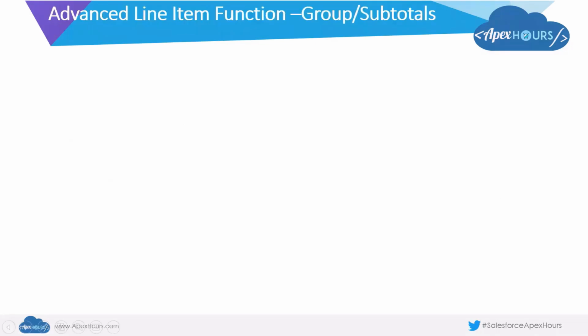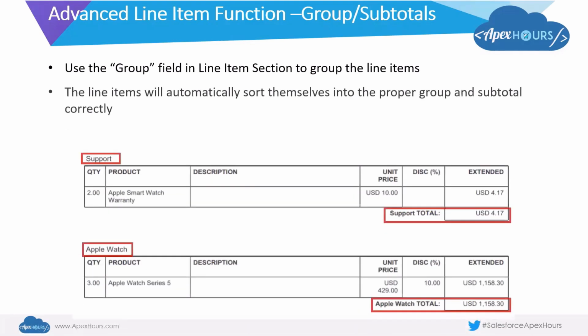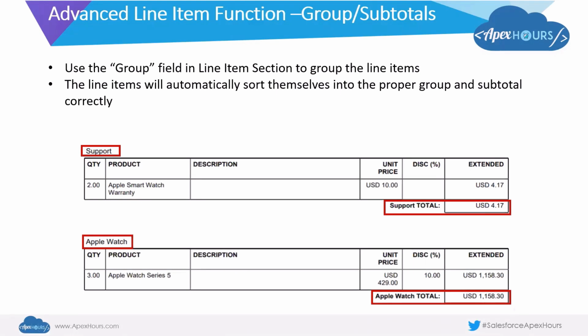There are a couple of advanced line item functionalities I would like to touch upon here. So one is group and subtotals. We have a field called group in the line items section to group the line items. What this group field will do is the line items will automatically sort themselves into proper groups and subtotal correctly. If you notice here, what we have done from a configuration standpoint is I had grouped by product family.